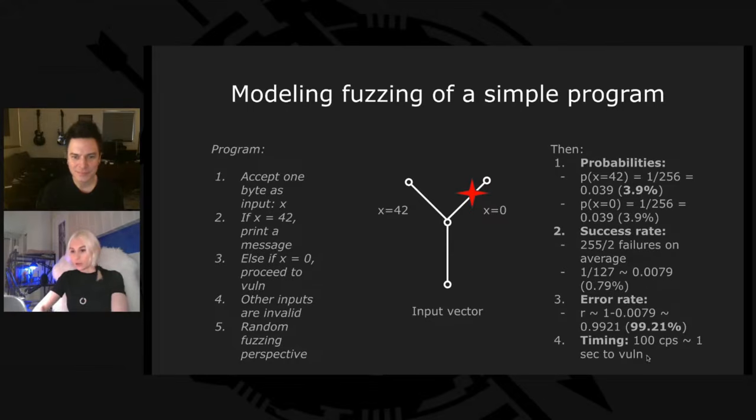The next thing that I want to see here is timing. Based on these numbers, you can actually calculate the time that you need for the fuzzer to find this particular branch that has a vulnerability. For example, if your fuzzer is running at 100 cycles per second, and it throws random numbers at this 1 byte, then in 1 second, it will find the vulnerability.